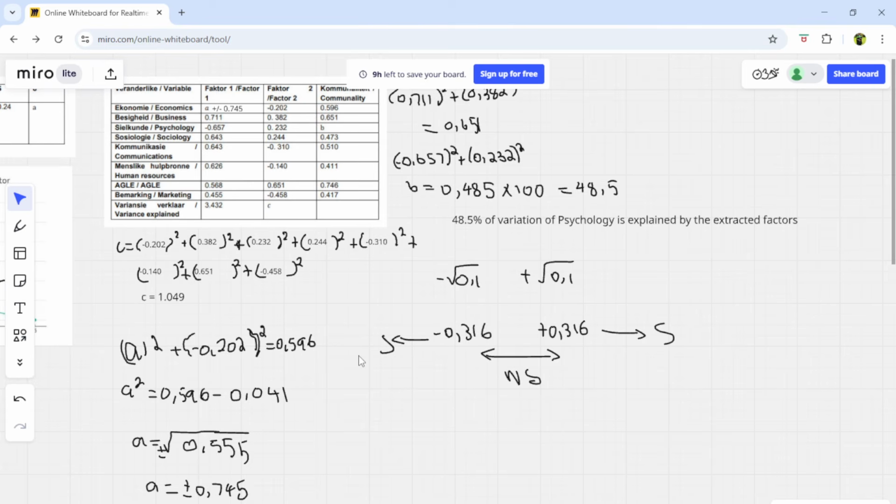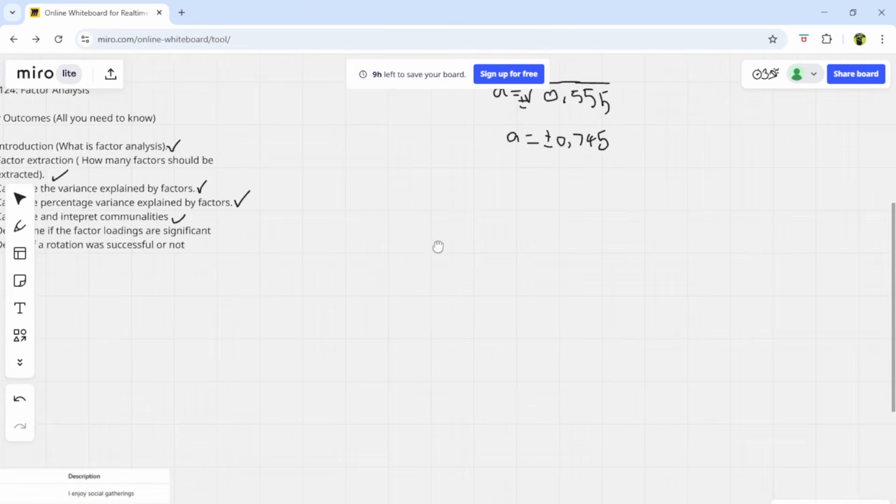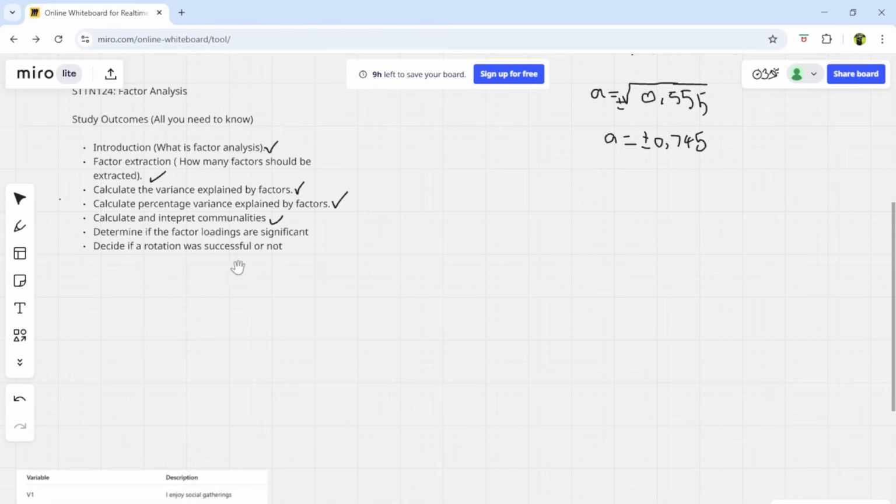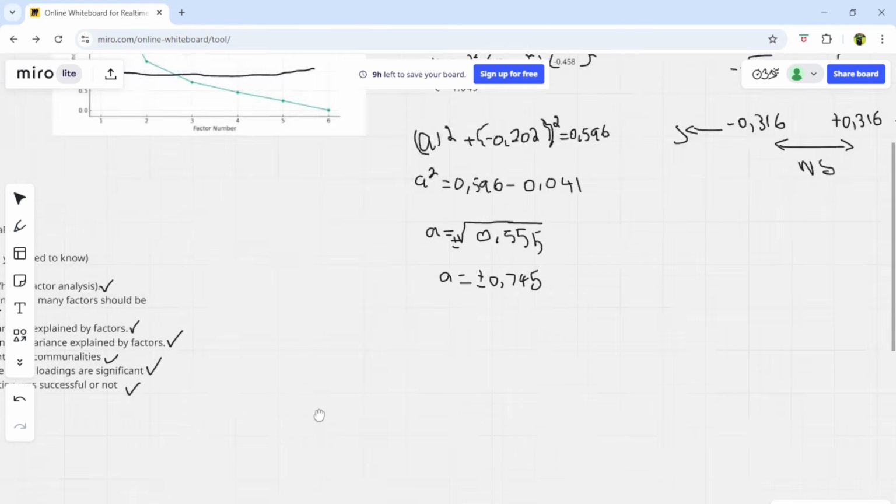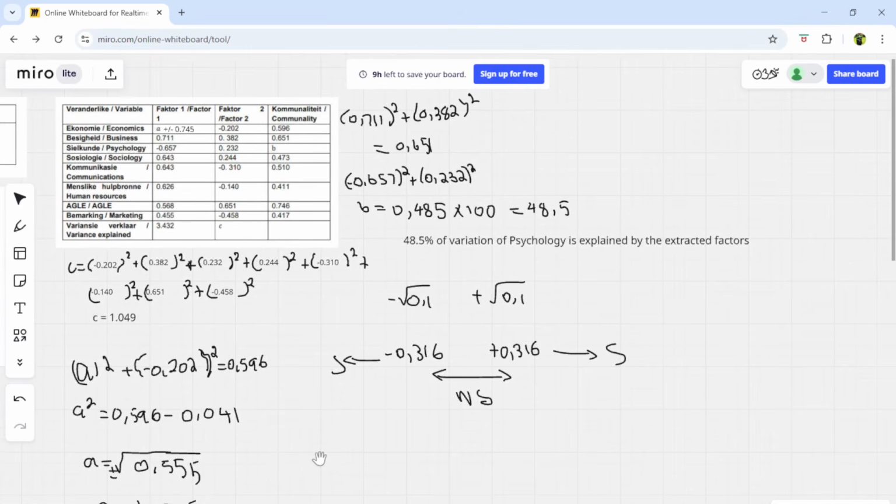So now that we have that, we can also determine if it is significant or not significant. And this takes us to the next step, which is deciding if rotation was successful or not. Please go and read about rotation. They will not ask you to do rotation because we do it using the calculator, but they will rotate the factor matrix. Rotation basically helps us determine whether we should put a variable in factor 1 or in factor 2.